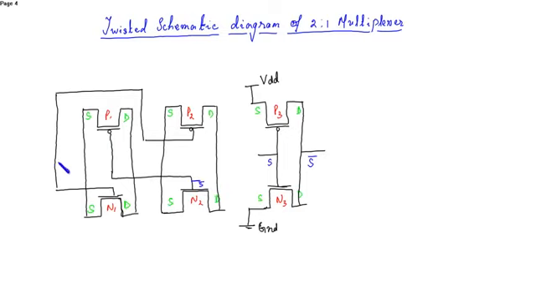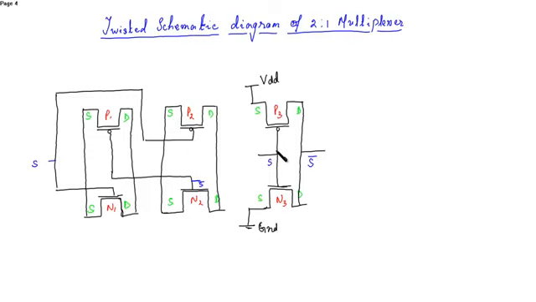S bar is connected and to this S is connected. To transmission gate 2, S is connected. To transmission gate 1, S bar is connected. So S is connected to transmission gate 2.